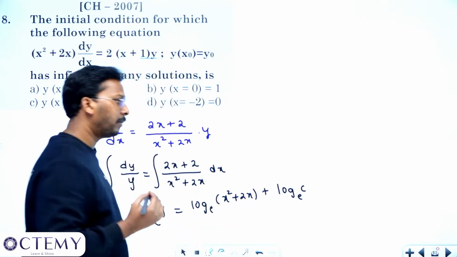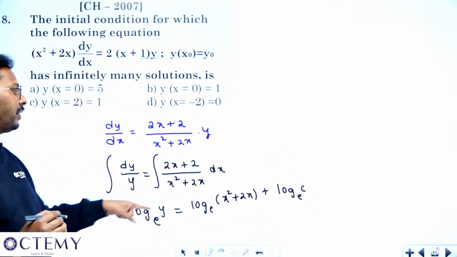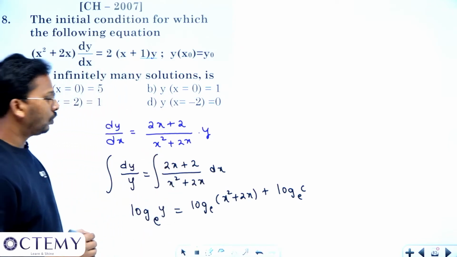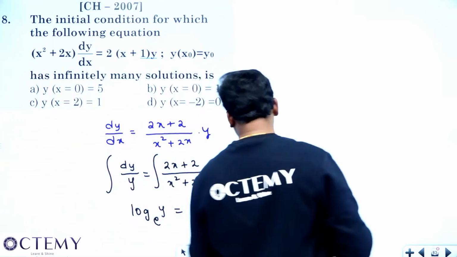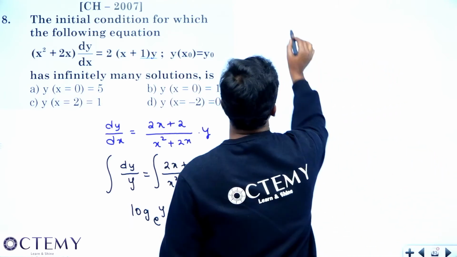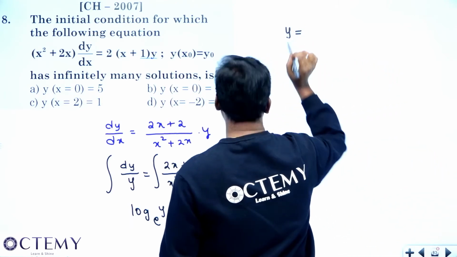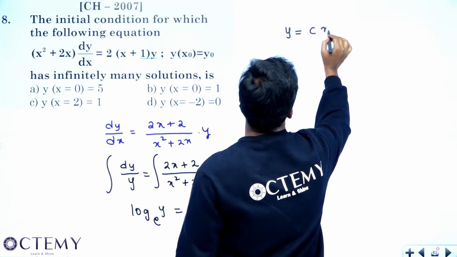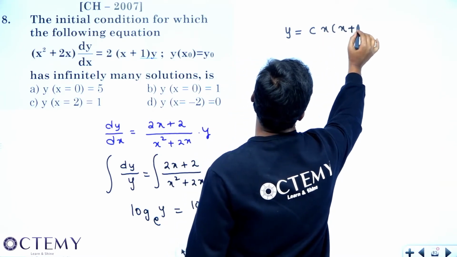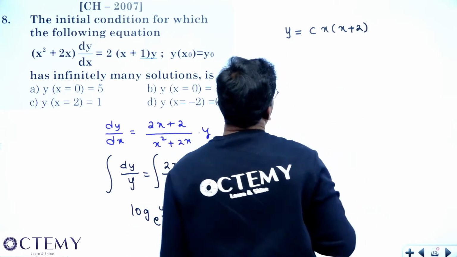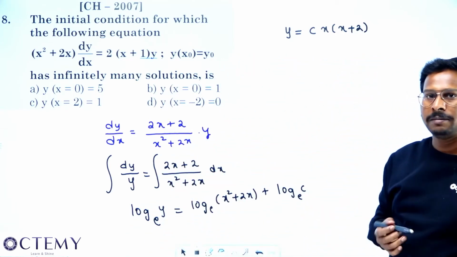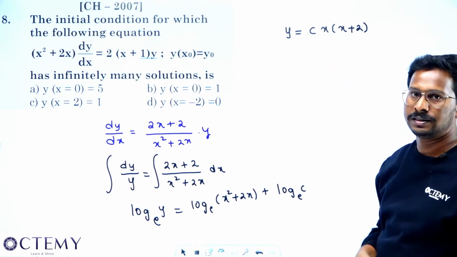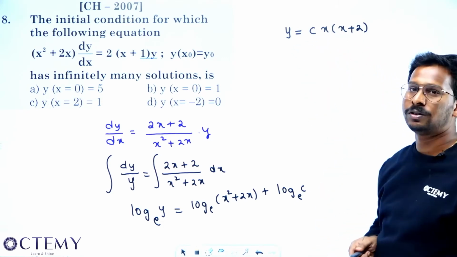Yes, because it's a constant, you can write the constants however you wish. So this will become y is equal to c into x into (x + 2). Now the meaning of having infinitely many solutions is, if you change the initial condition, the solution changes.